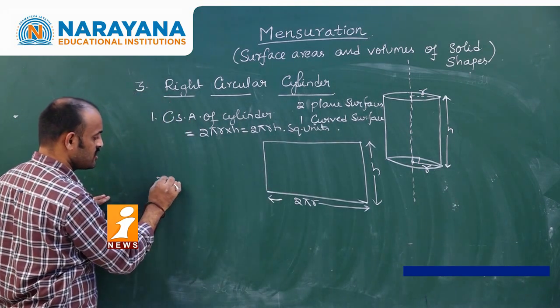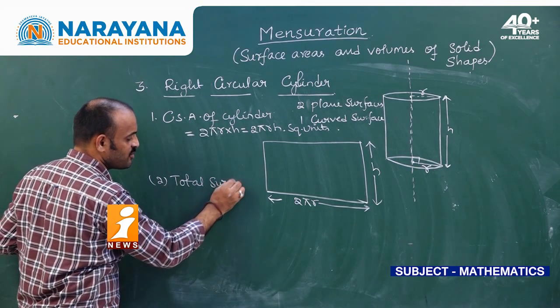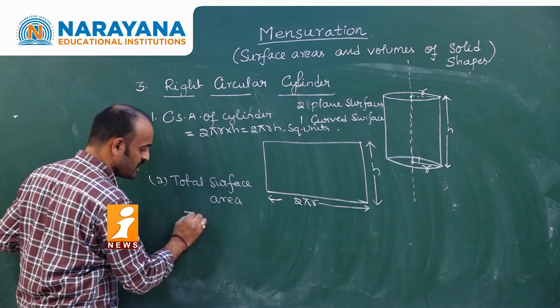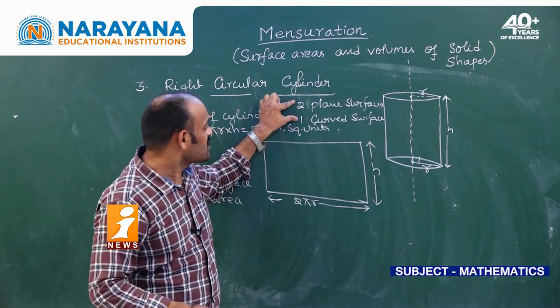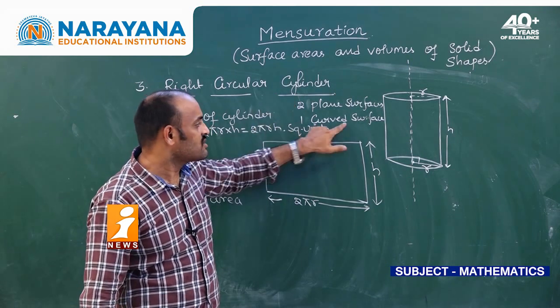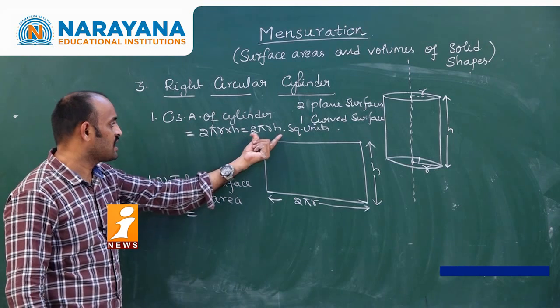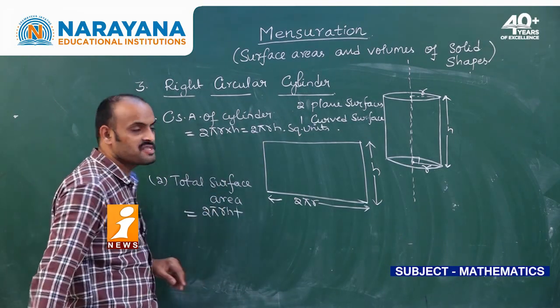Then second is total surface area. So total surface area means wherever a surface is there, that surface area should be added. Here how many surfaces are there? 3 surfaces are there. One curved surface and 2 plane surfaces. Already the curved surface area we have calculated, 2 pi r h, and 2 plane surfaces are there.